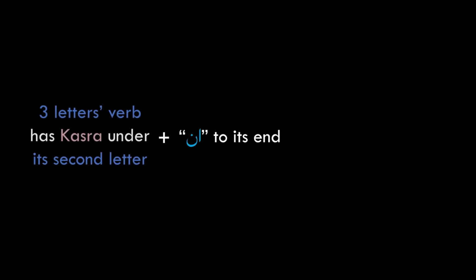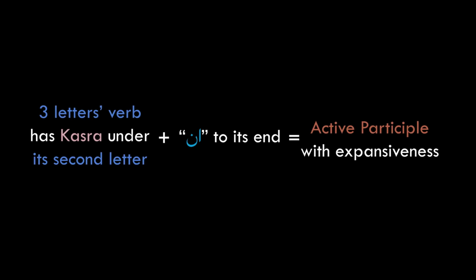So adding alif and noon at the end to a three-letter verb that has a kasra under its second letter means that you turn this verb not only into an active participle, but also with an expansiveness.